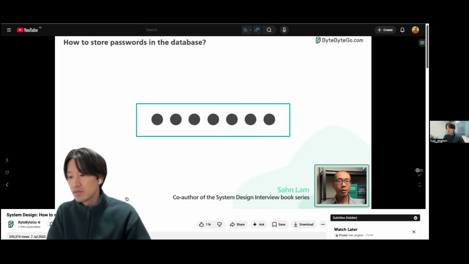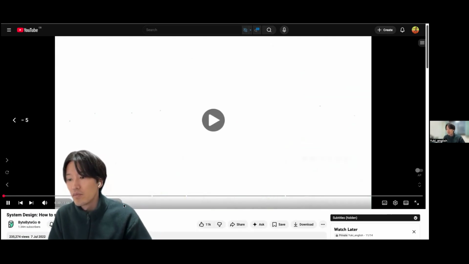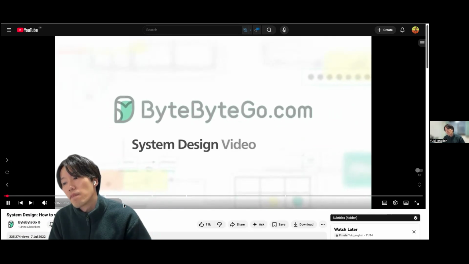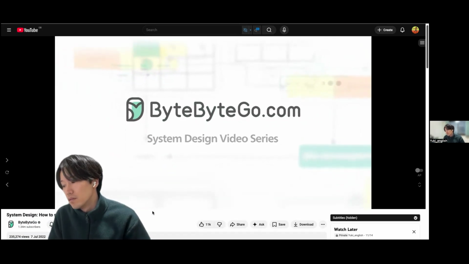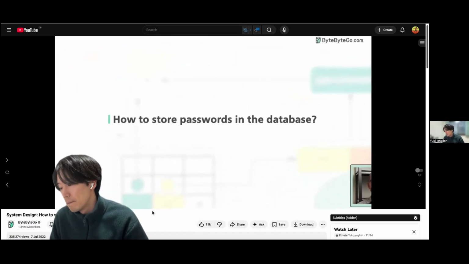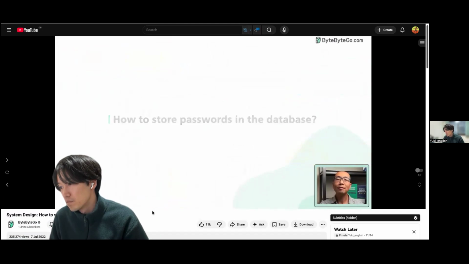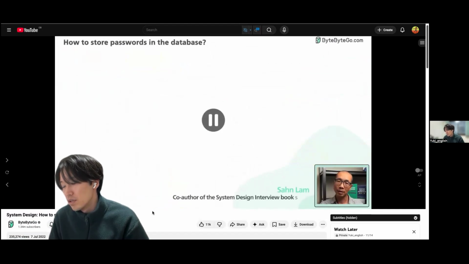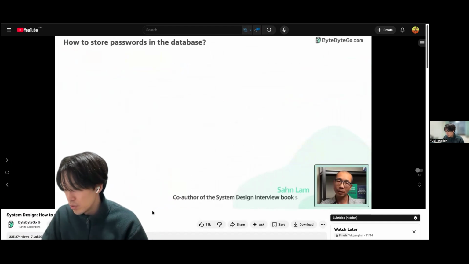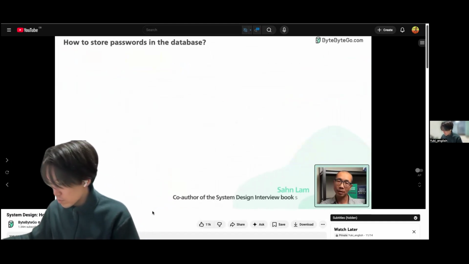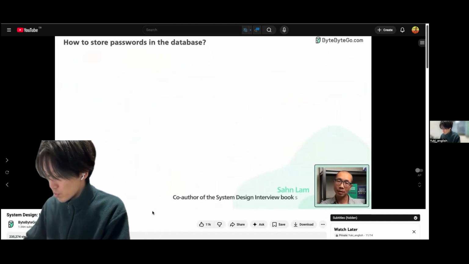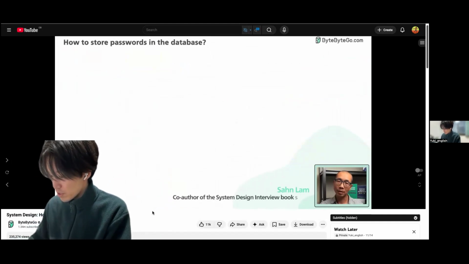First, how do we store passwords safely in the database?